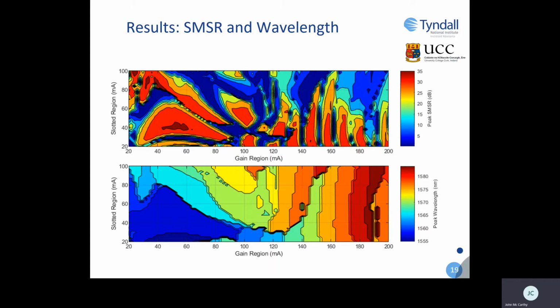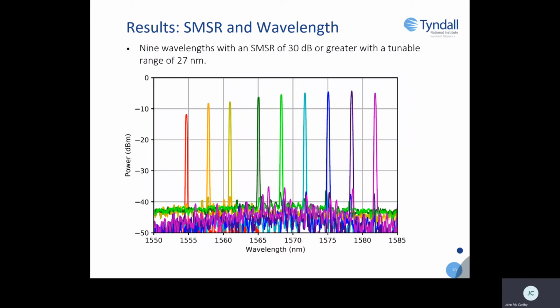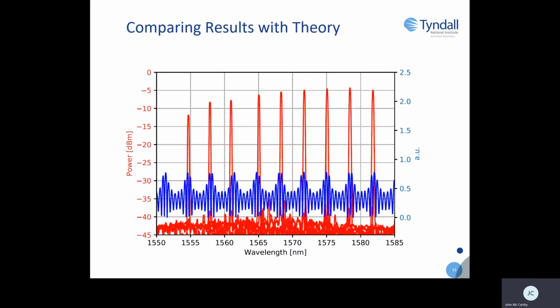Now, what we would rather is if these devices were much more sensitive, as in we'd rather this all happen between, let's say, 20 milliamps to 100 or even lower. But before I move on to that, we can just quickly compare what we attained here experimentally to the theoretical values. And as you would expect, the laser lases at the center of the larger modes of the reflection profile shown in blue.